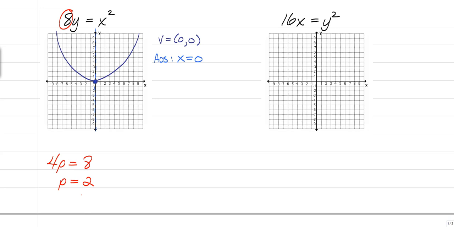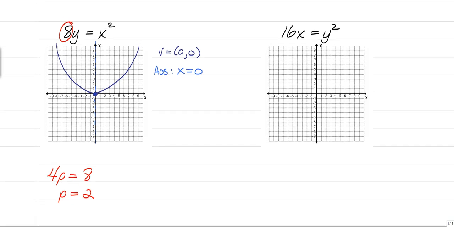is 2. Now, like I said, there are formulas, but 2 is the distance away from the vertex. So I mentioned to you that the focus is always inside of a parabola. So you go stand on the vertex and you just go 2 points above it. And look, you can just state it.